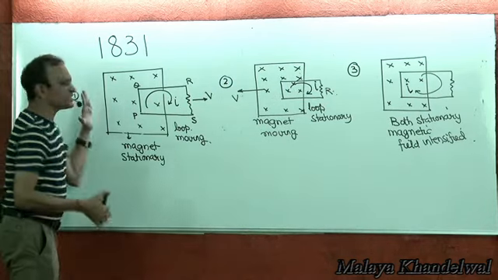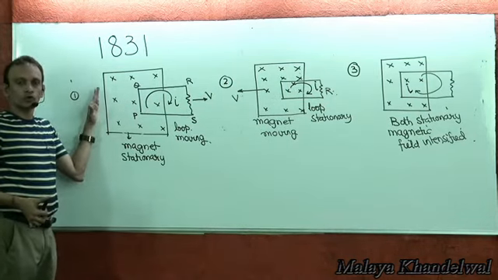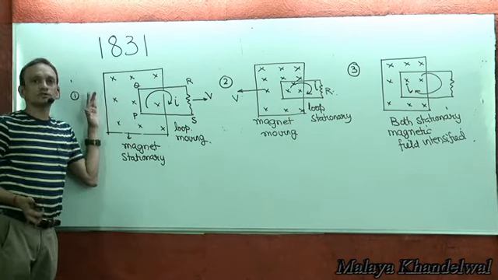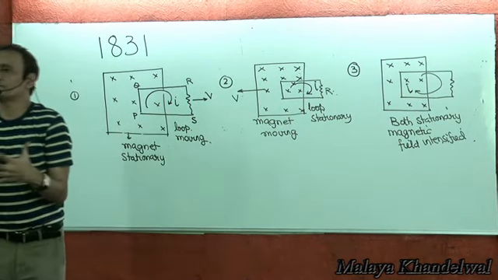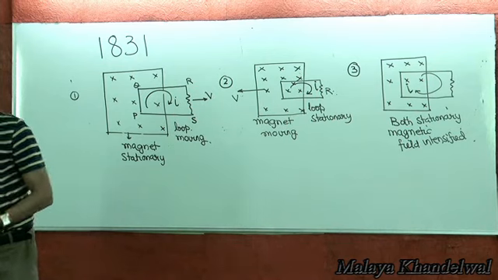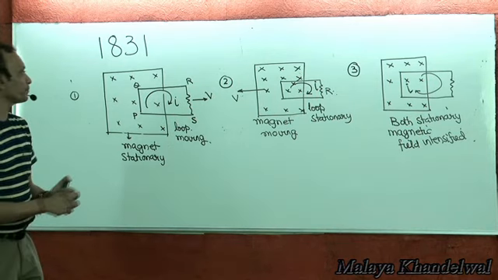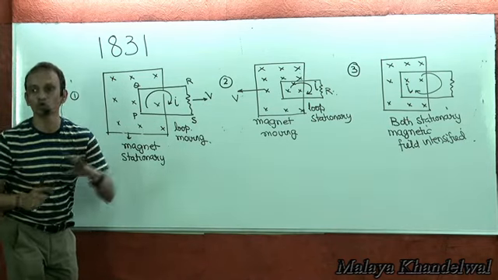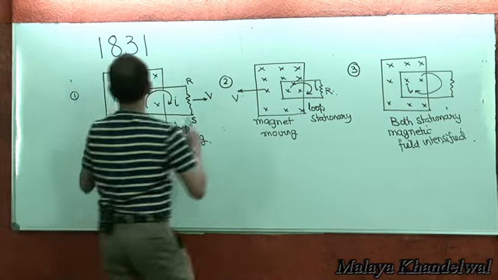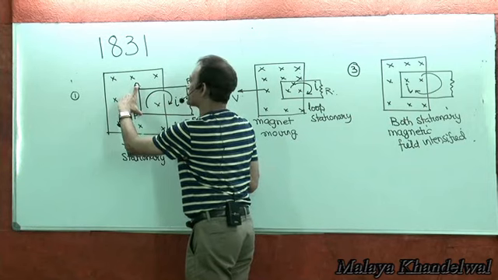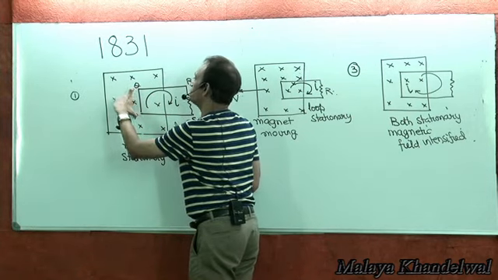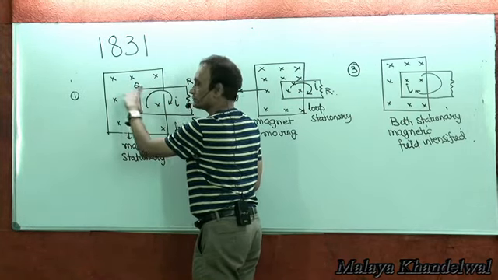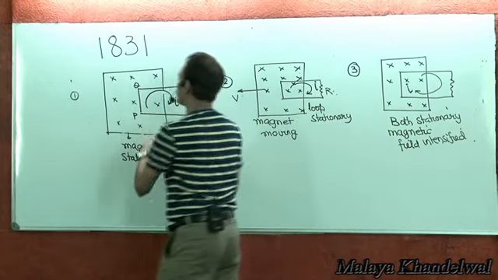Now, experiment 1 was an established fact well prior to Faraday, because experiment 1 was really an instance of motional EMF. See, PQ was a conductor moving past a magnetic field.